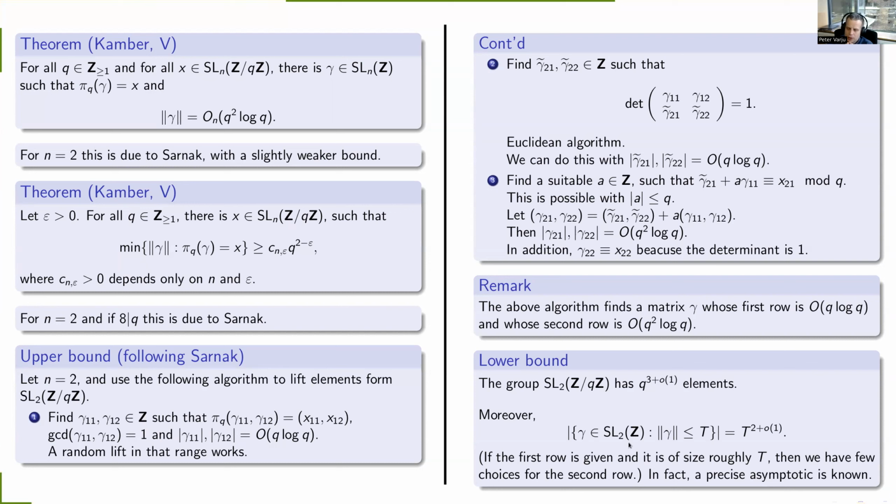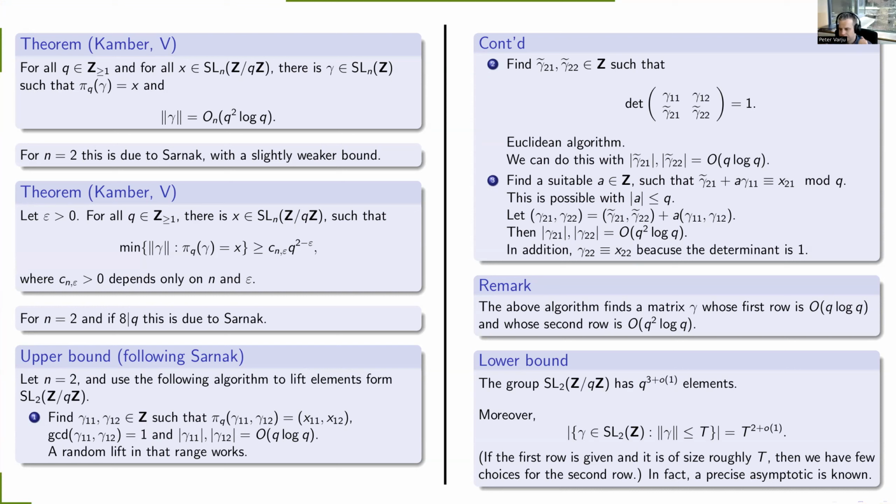So what you can basically do is that when you select this matrix and you select the first row, then you can essentially choose anything you like. The only thing that you need to pay attention to is that you want the elements in the first row to be coprime.